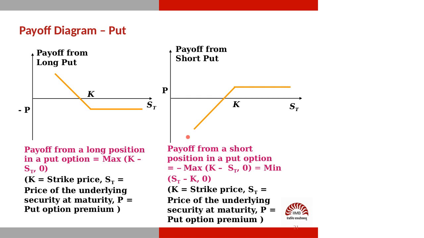The writer of a call option has a maximum loss of infinity, or a very infinitely large loss. What is the maximum loss that the writer of the put option can have?